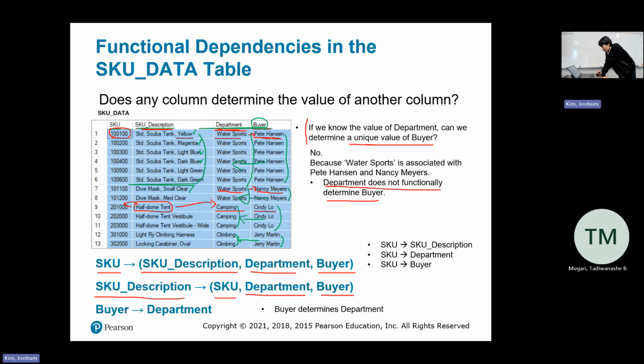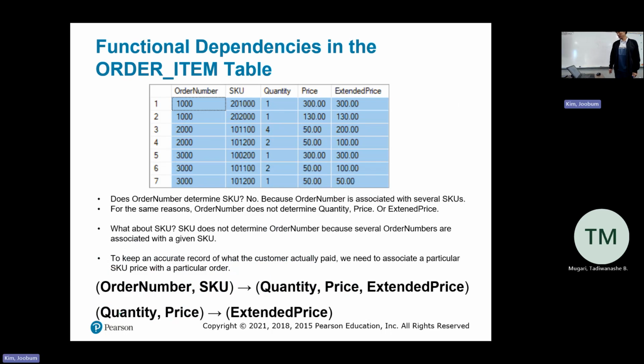How about SKU? Pete Hansen is associated with 100100, 100200, 200300, 400, multiple values in the SKU. Not unique. So buyer doesn't determine SKU. Only buyer determines department. So from this table, we have three functional dependency relationships: SKU determines SKU description, SKU description determines buyer, and buyer determines department. Makes sense.